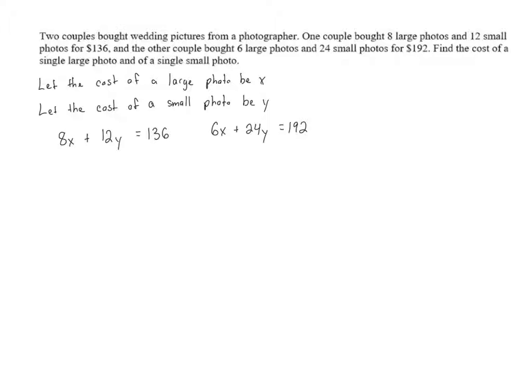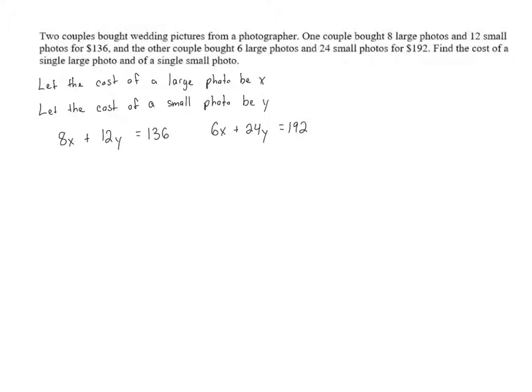Now, this system of equations is a little bit more difficult to solve using substitution. All 4 of the variable terms have coefficients other than 1, and so if we want to isolate any of these variables, we're going to have to divide by the coefficient, and there's a good chance that will give us fractions, at least for some of these.